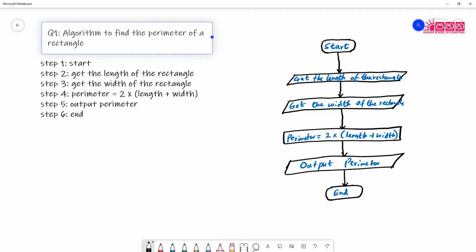Excuse me, sir. Yep. Sir, can we write get the length of the rectangle and get the width of the rectangle as one step? Yes, you can. You mean the input, right? Can you repeat the question again? Can we write get the length of the rectangle and get the width of the rectangle as get the length and width of the rectangle?